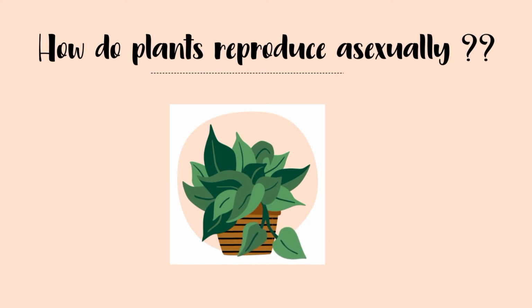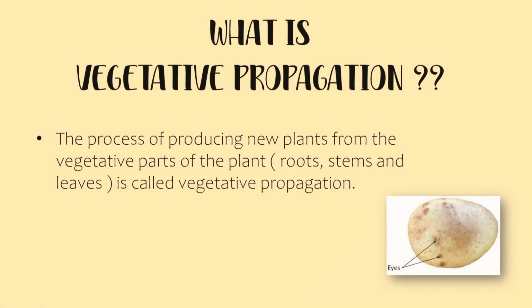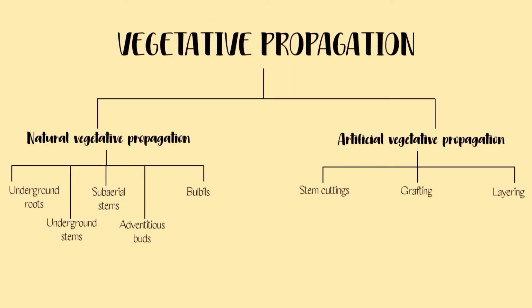Asexual reproduction in plants is mainly done by vegetative propagation. Vegetative propagation is the process by which new plants are produced from the vegetative parts of the plant, which are roots, stems, and leaves. Vegetative propagation is also of two types. The first one is natural vegetative propagation, and the second one is artificial vegetative propagation.